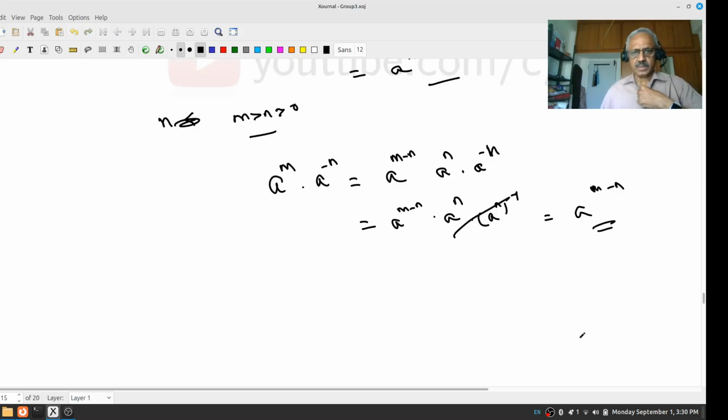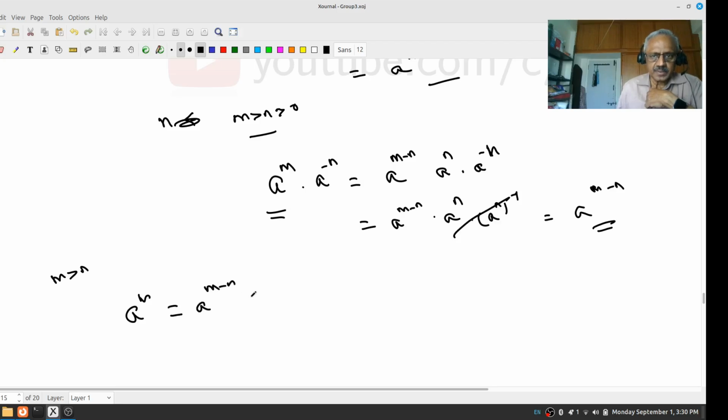Okay, right. And this one you should know why this is true. In both the cases I used a to the power m, assuming m is greater than n, a to the power m is a to the power m minus n into a to the power n. Do you remember?